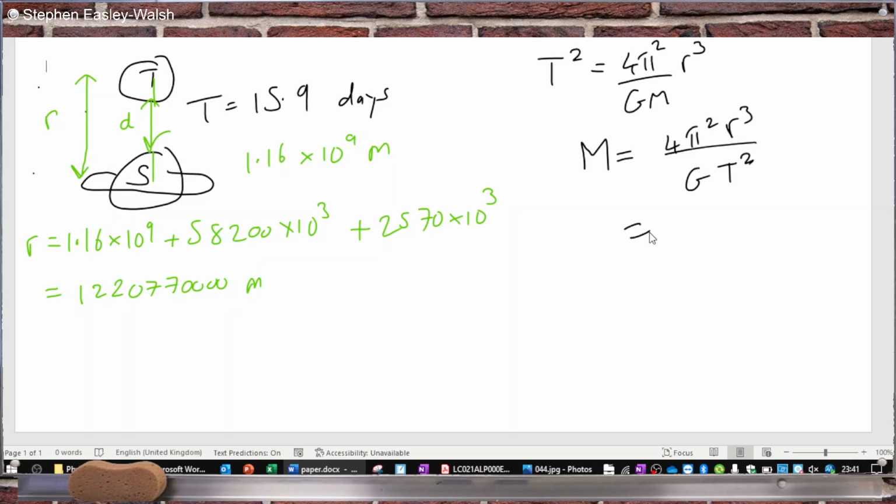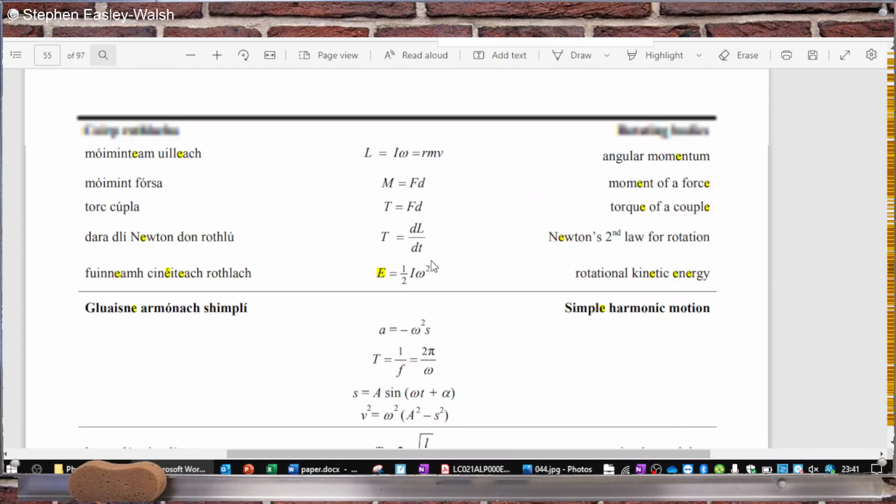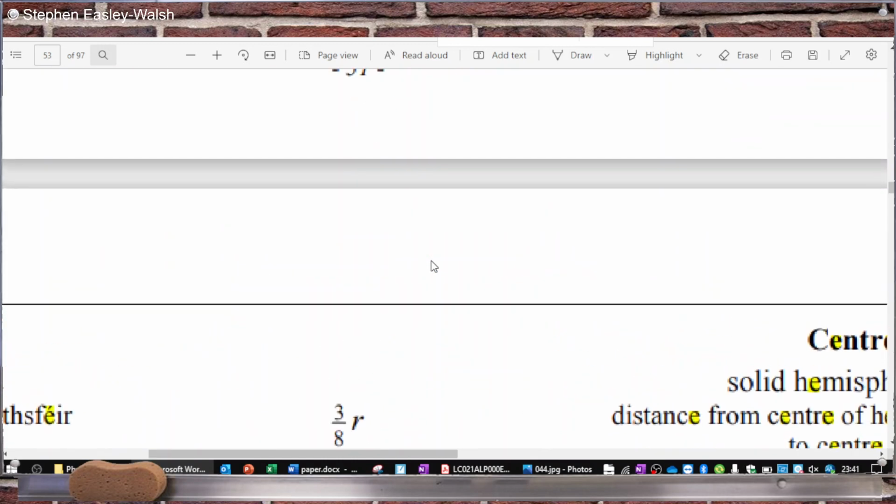And the time is 15.9 days in seconds, times 24 hours times 3,600. And let's get the gravitational constant if we can.